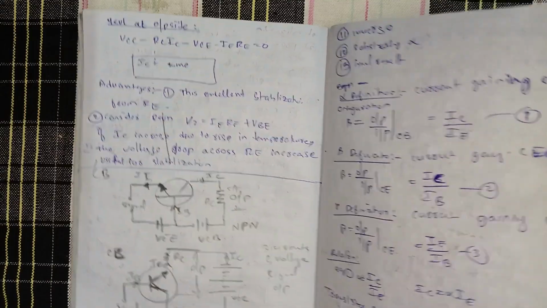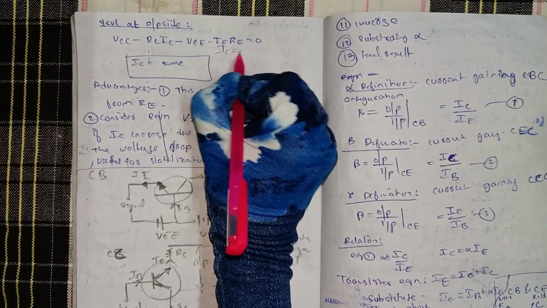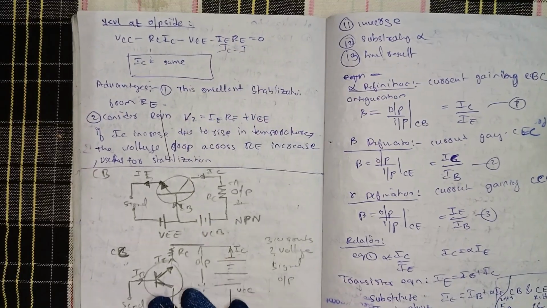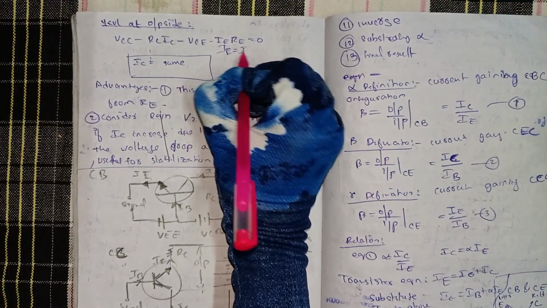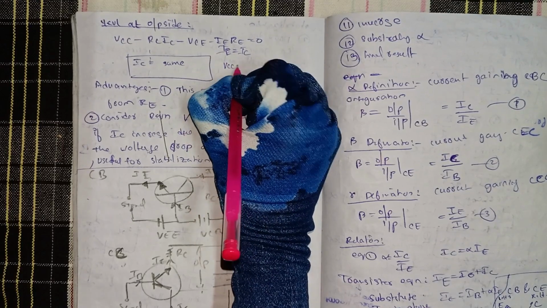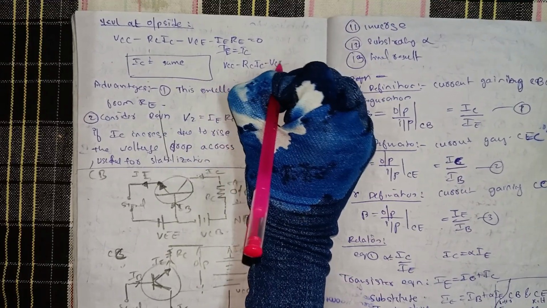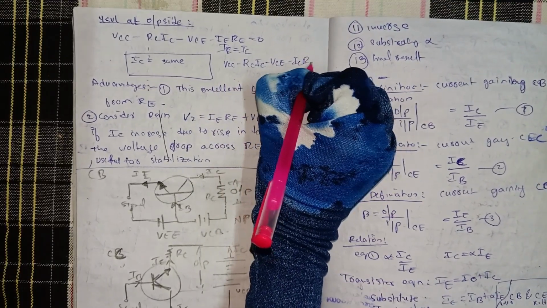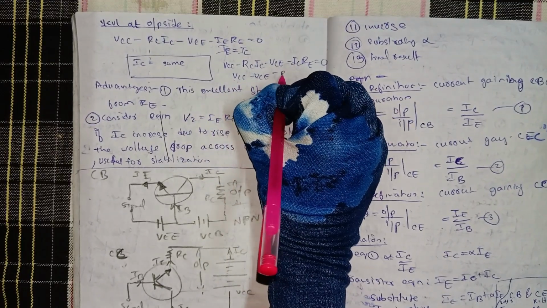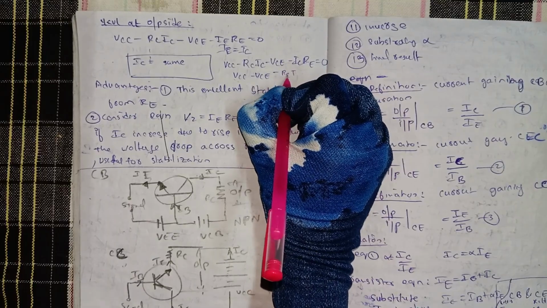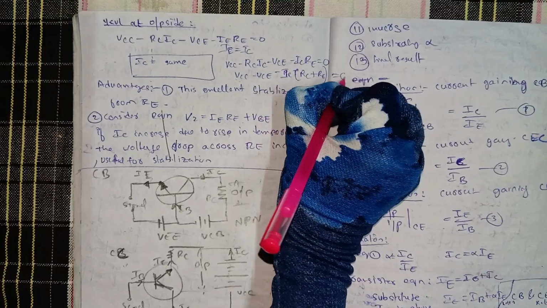Then applying KVL at the output side, the procedure is the same. We have IE is equal to IC. VCC minus RC IC minus VCE minus IC RE is equal to 0. So VCC minus VCE minus IC taking common, (RC plus RE), is equal to 0.